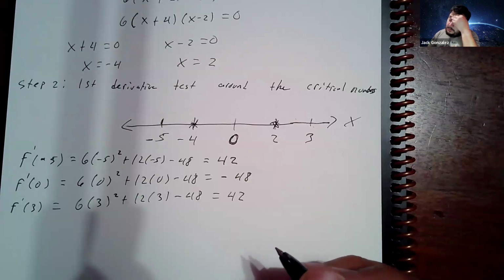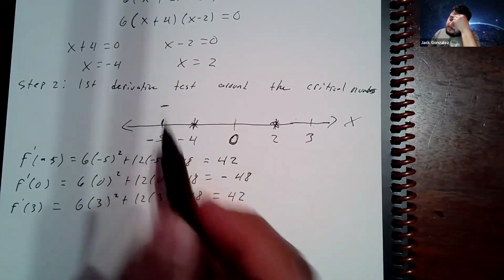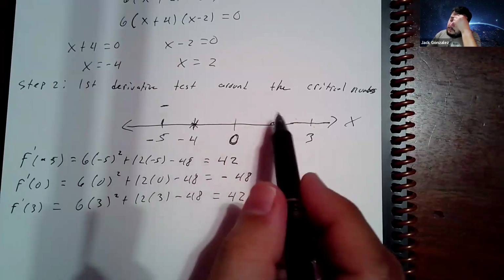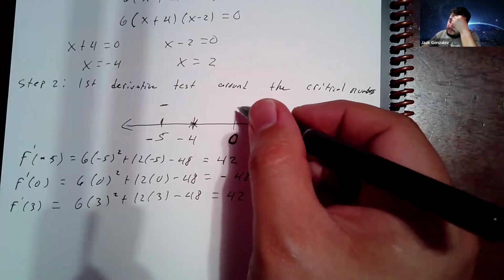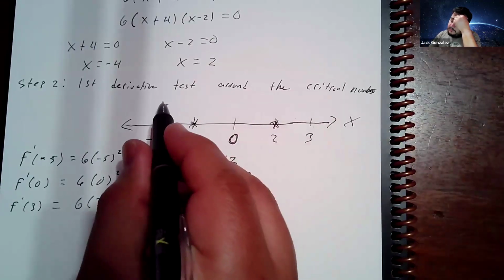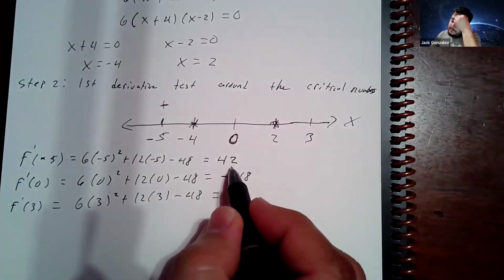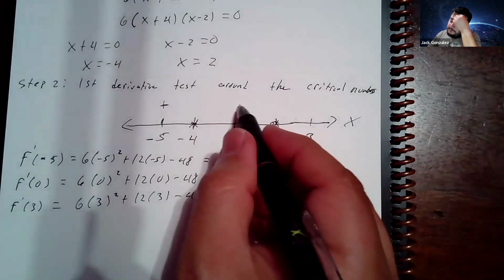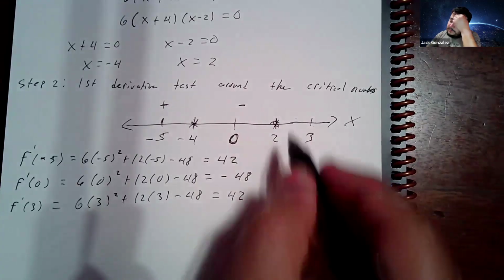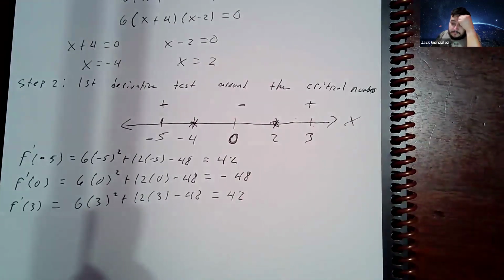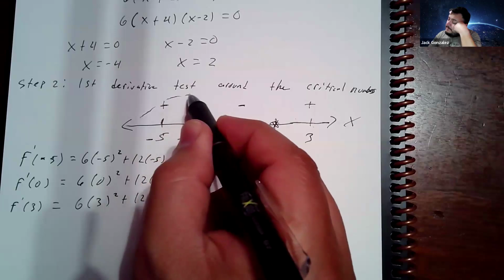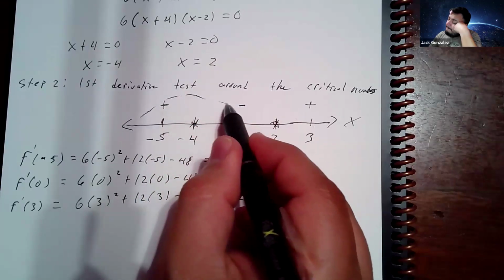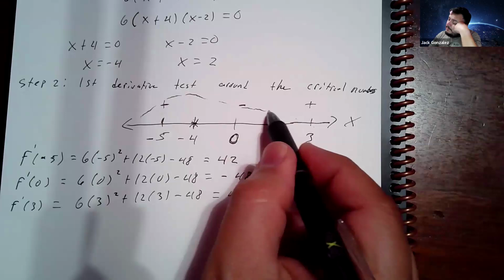All right. So we're decreasing before 4. Still decreasing. Oh no, actually, sorry. Increasing. Positive 42. Decreasing in the middle. And then we change to increasing again. So we have this kind of thing going on, then down, and then up again.